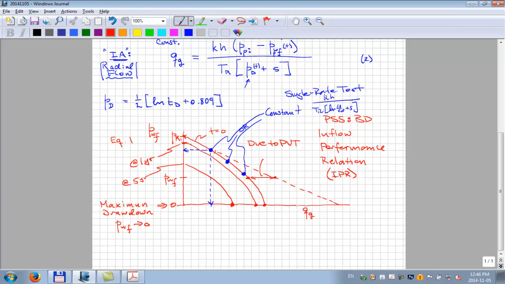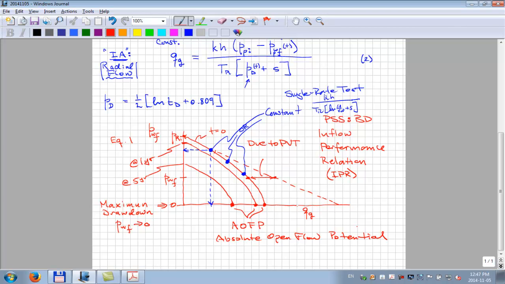And this rate that you get here is called the absolute open flow potential. You can't produce more from the well.